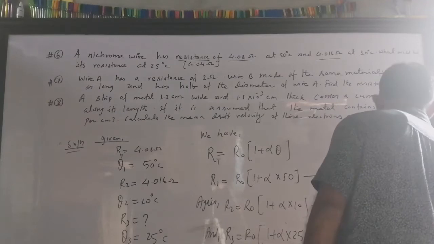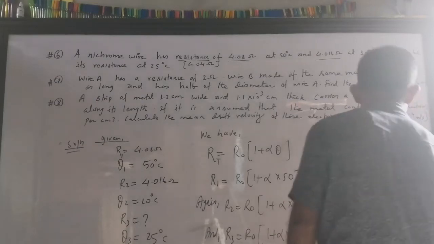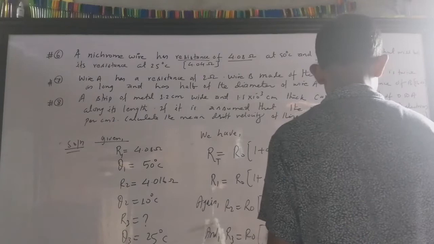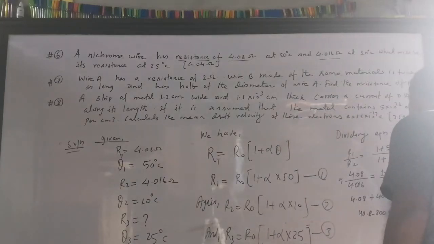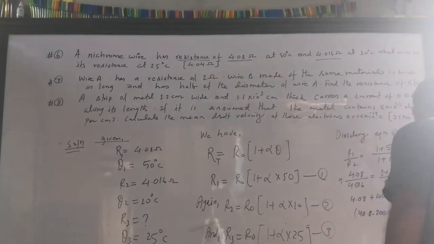And now what do we have to do? Just bring this from this side, 40.8 minus 200.8. We both have alpha, so let me take alpha common, and on that side 4.016 minus 4.08.